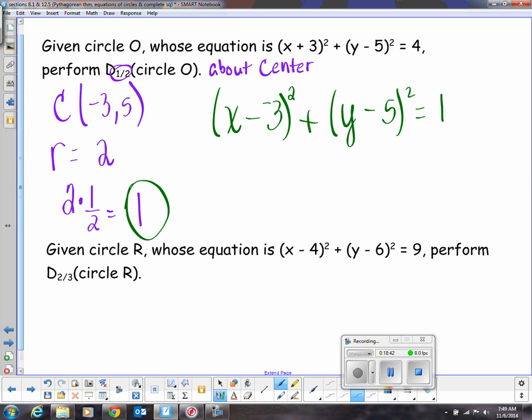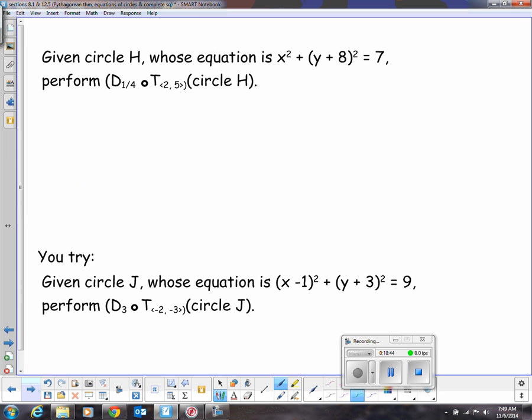All right. So now what we're going to do is we're going to do a combination. My center is 0, negative 8. My radius is square root of 7. The translation affects what part of my circle? The center.